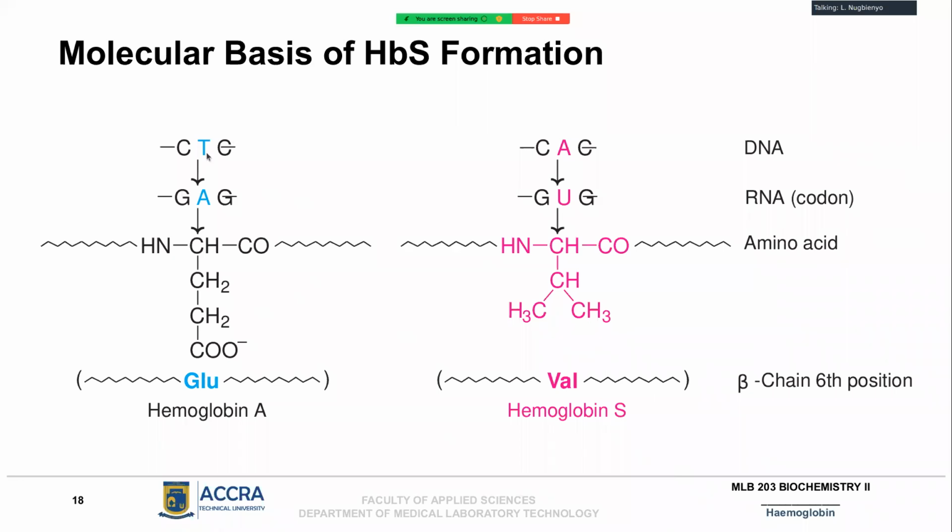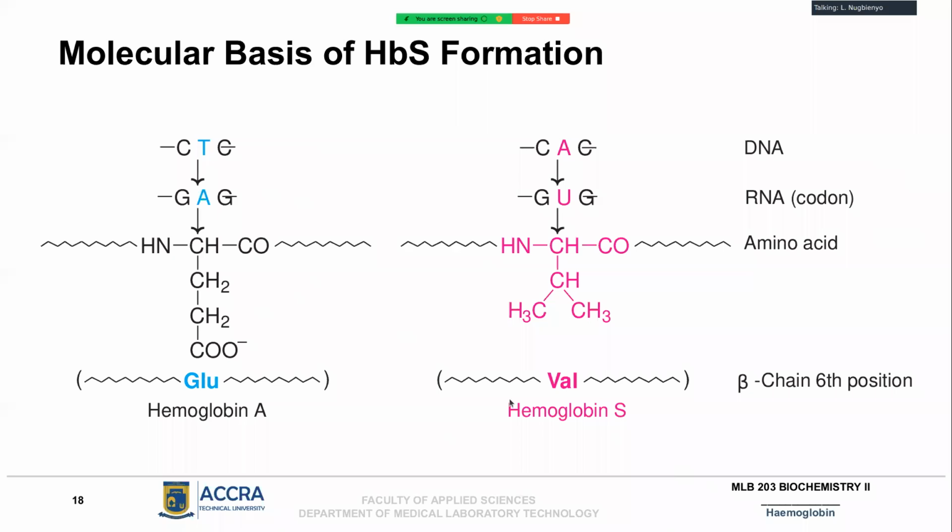Guanine, adenine, guanine as the complementary codes. So these on the messenger RNA, guanine, adenine, guanine, are responsible for the amino acid glutamate. And this is the normal situation that you find in hemoglobin A.